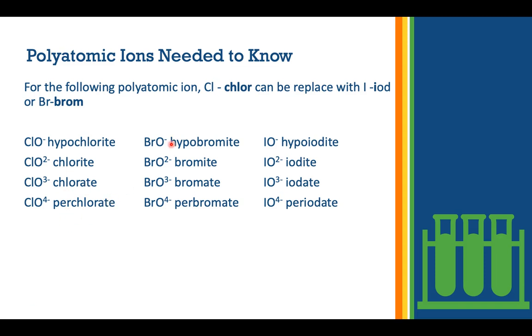Same thing over here with the bromine and the iodine. So we have hypobromite, bromite, bromate, perbromate. Then we have hypoiodite, iodite, iodate, and periodate.